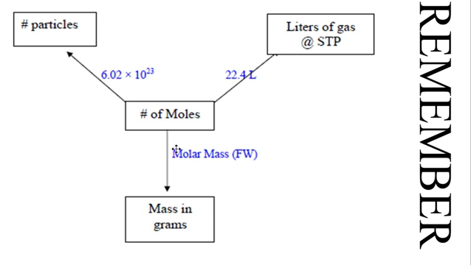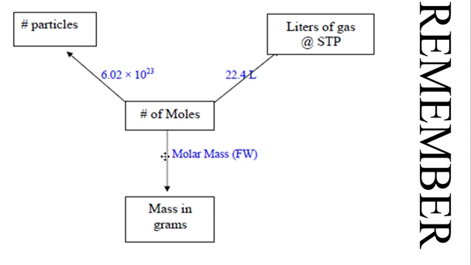Before we go into stoichiometry, which is really just a fancy way of saying counting, I want you to remember and think back to the mole map that we went over in the mole podcast, where if you have the number of moles and you want to get to anywhere else, you're going to multiply going with the arrow.